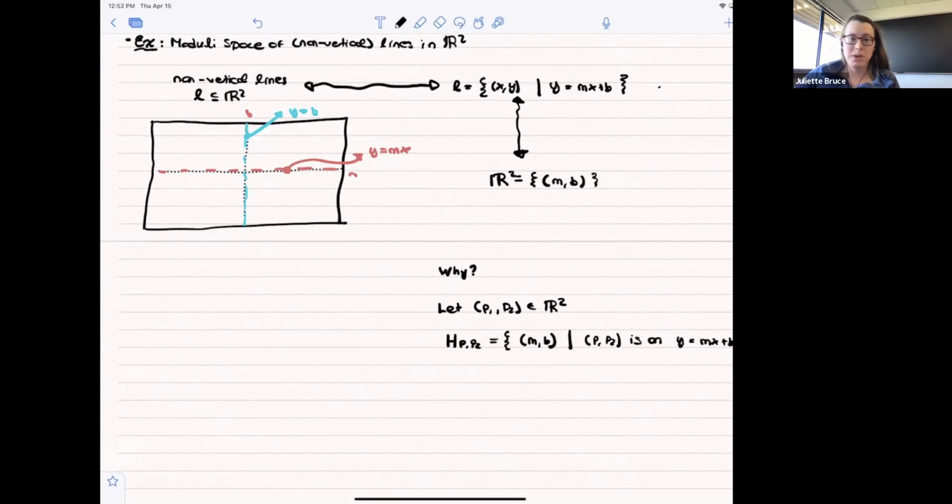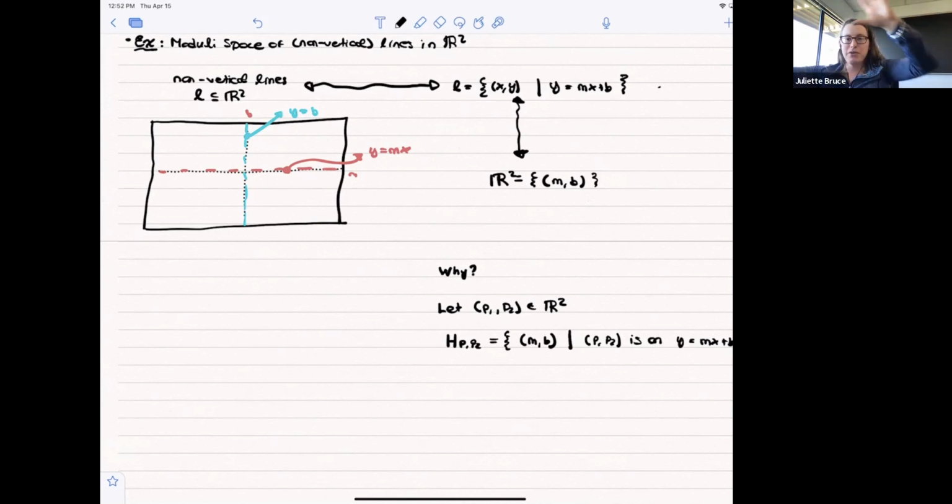Okay, so this is kind of weird. I have two different R2s going on. I have an R2 where the point P1, P2 lives. And I take that point and I want to say, what are all the possible lines that contain the point P1, P2 in the plane?